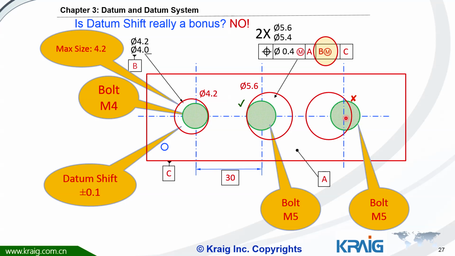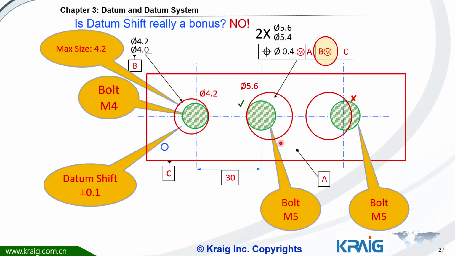Because once you move the component, you're going to move all of them together. So that's why there's more interference here. We can see the adjustment of datum B won't help both of the tolerance features at the same time. You cannot help all of them.